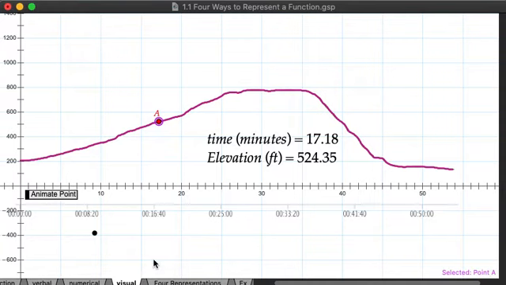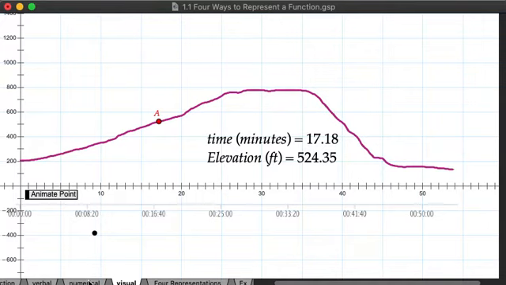So these all go together, but then the graph gives you other information. For example, you can see that my elevation went up and then stayed roughly the same for some amount of time, and then it went down. And you can talk about how rapidly my elevation went up and how rapidly it went down, and for how long I was at my maximum elevation.